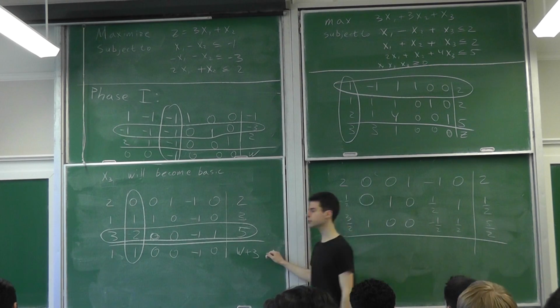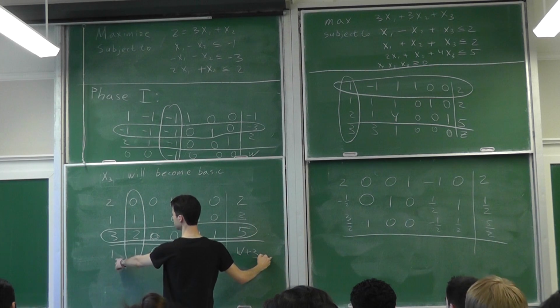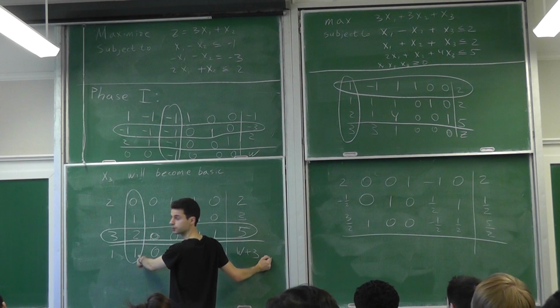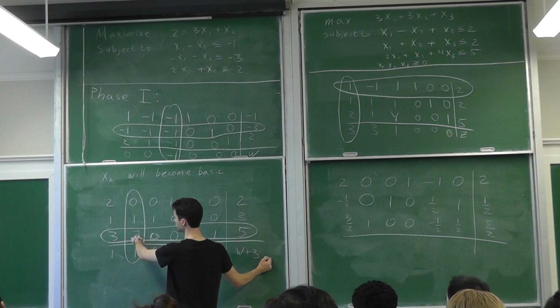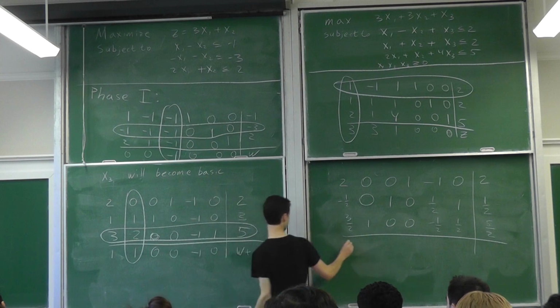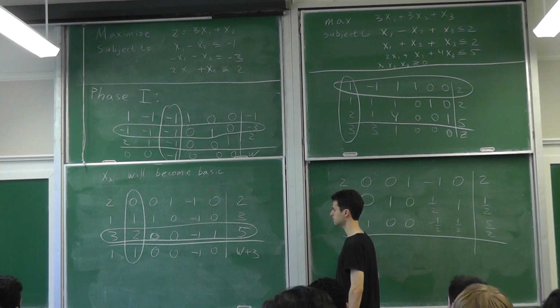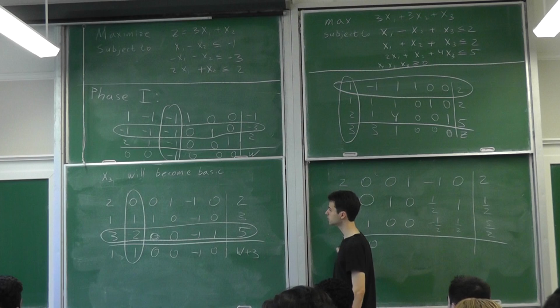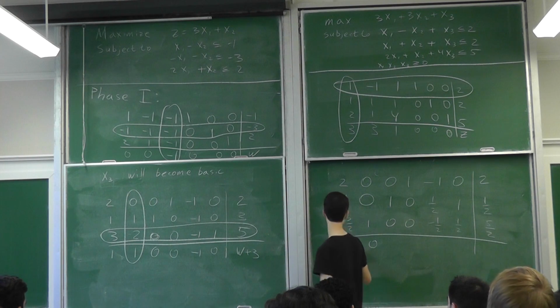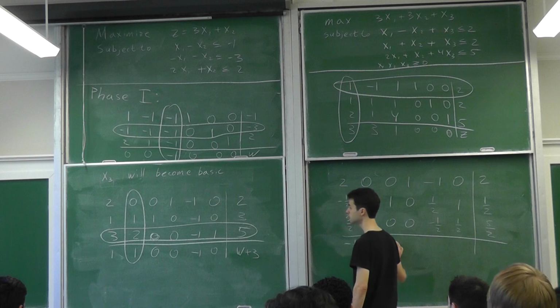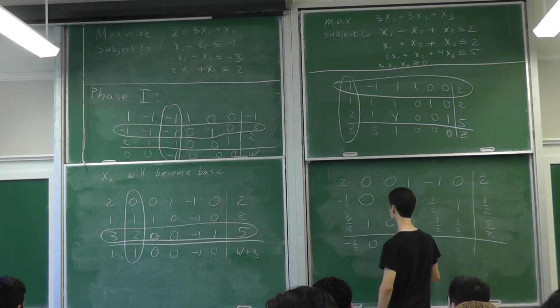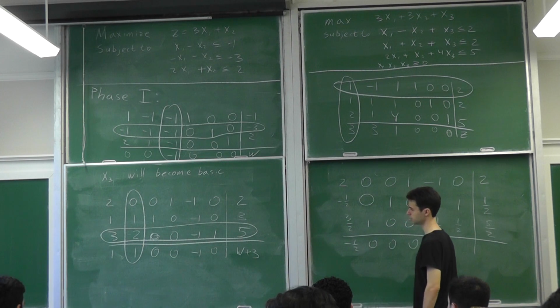And what happens to W? Well, I'll try to make this equal to 0. I'll subtract once again 1/2 of this row. So this will be 0, 1 minus 3/2 minus 1/2, 0, 0, minus 1 minus 1/2, so it's 1.